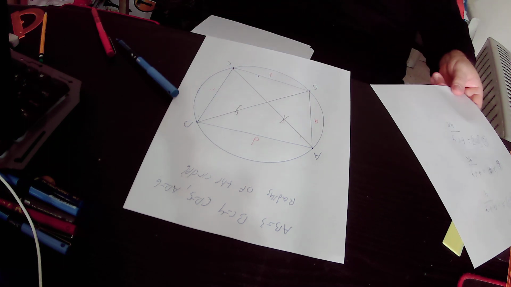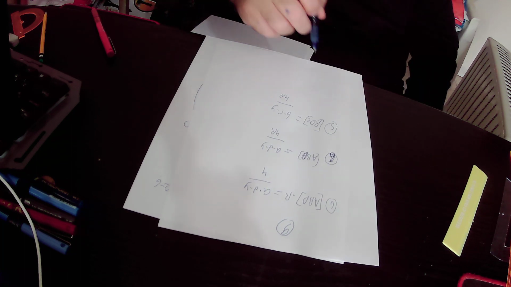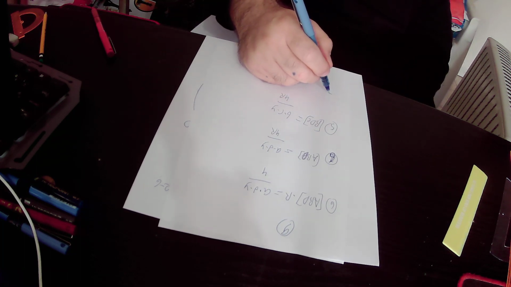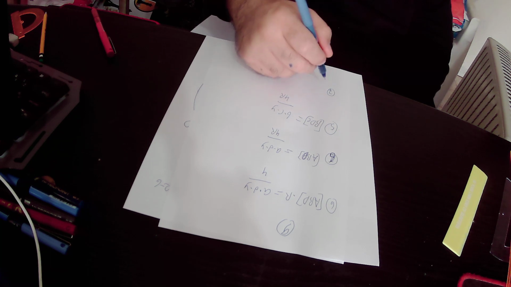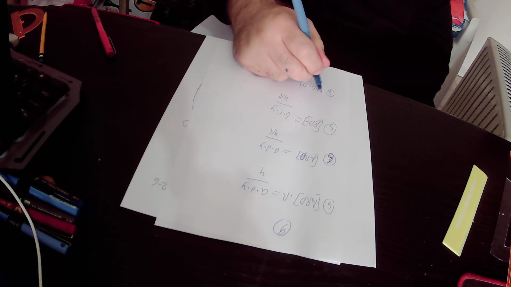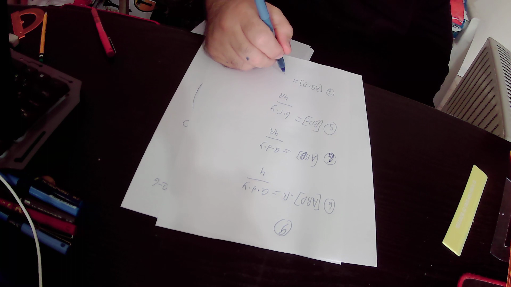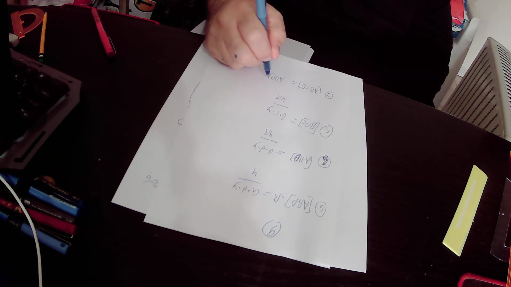So we can write down that the area of quadrilateral ABCD consists of two triangles, so it will be equal to the area of triangle ABD plus the area of triangle BDC.